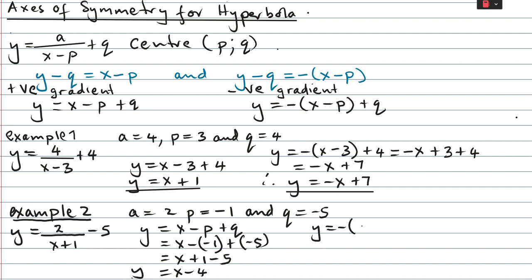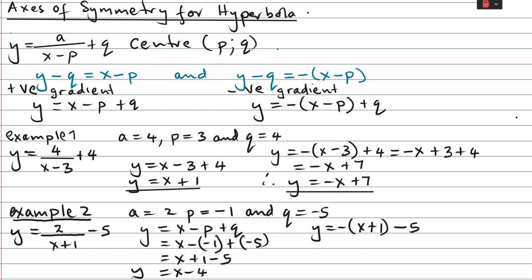And with a negative gradient, substituting in our formula, we have y equals minus, we've got x minus minus 1. So minus minus, we are going to have positive. Then we have our minus 5.